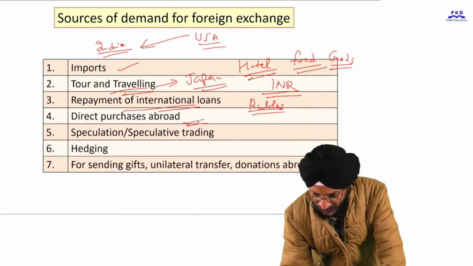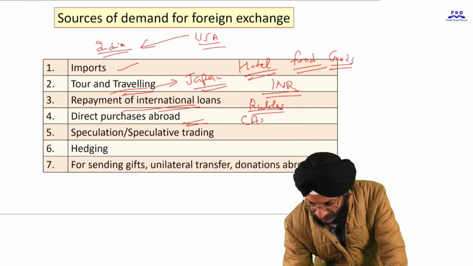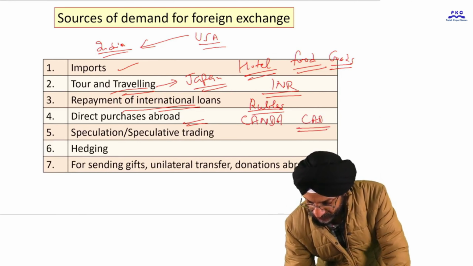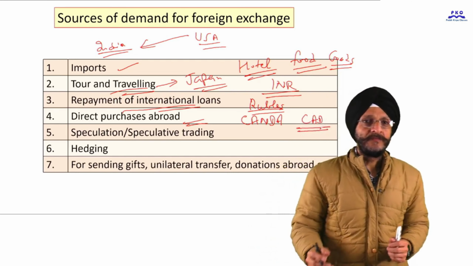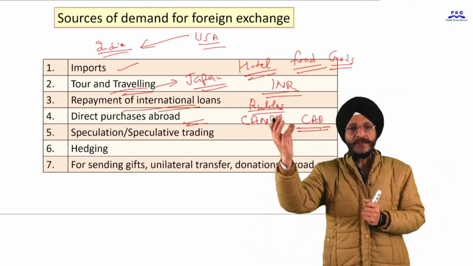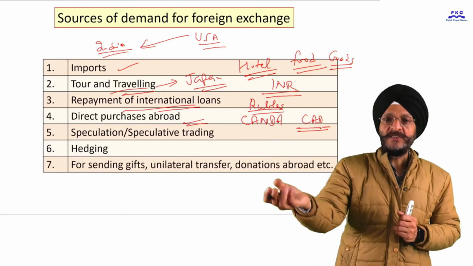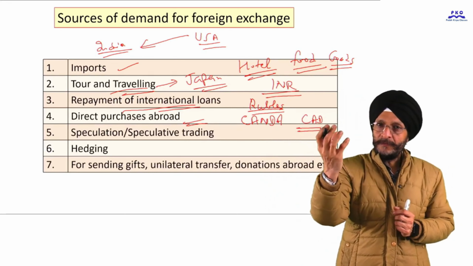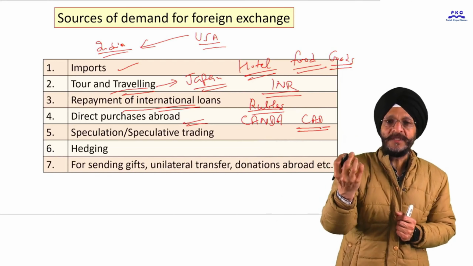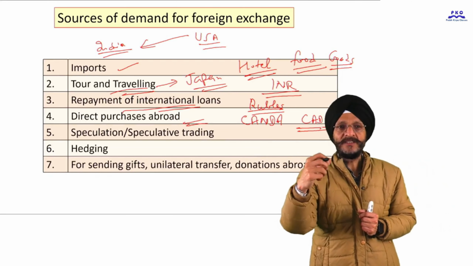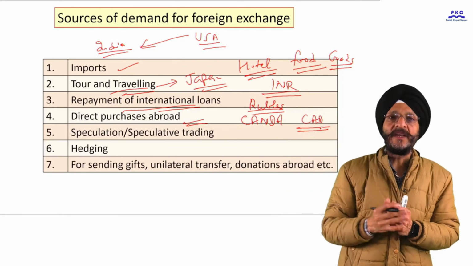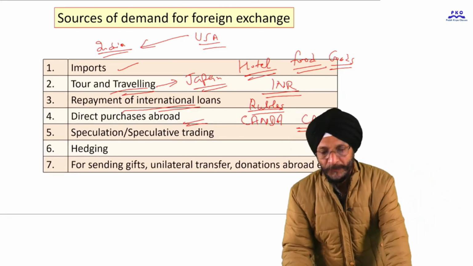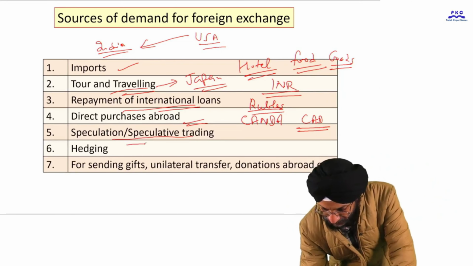If we want to make certain purchases in Canada, we will require Canadian dollars. So for direct purchases abroad, to purchase their shares, to acquire certain businesses, to purchase certain industries or manufacturing units in Canada or in any other country, we will require foreign exchange.